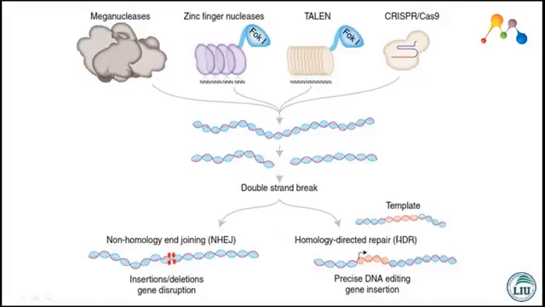When the process takes place by homology-directed repair, it is completely different. If we have a donor template or donor DNA, this donor DNA could be inserted at the level of this nick or double-stranded break.